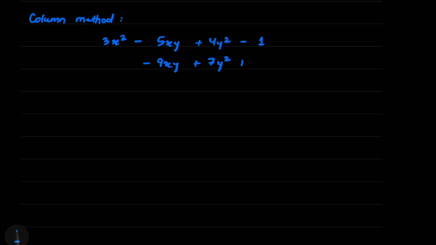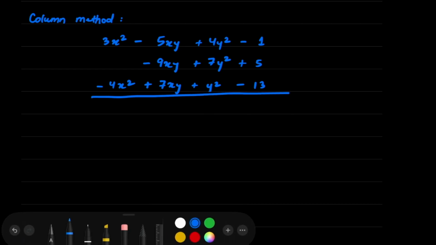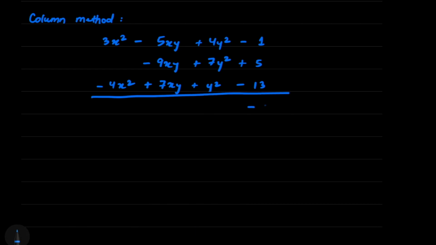Then we have plus 5, which would be below minus 1. Next we have 7xy minus 4x squared plus y squared minus 13. Let's add these all. This comes out to be minus 9 plus 12y squared minus 7xy minus x squared. And that's how we solve it.